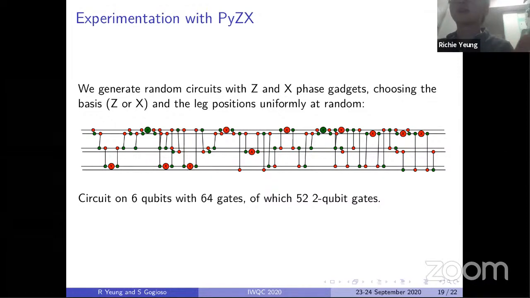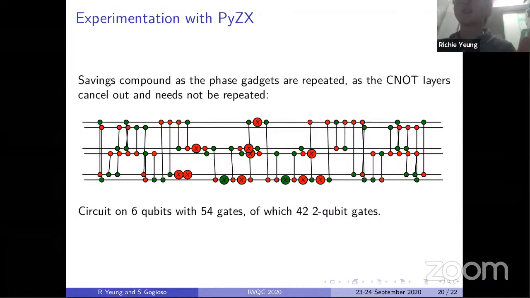After we apply our simplification routine, first we get a block of CNOTs here, then a block of CNOTs here, and then a bunch of phase gadgets here with a reduced number of legs. And so we've saved about 10 gates here. We can get much better, but I've chosen an example that fits on the screen.